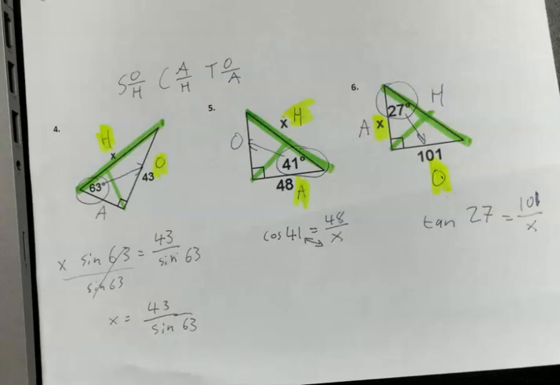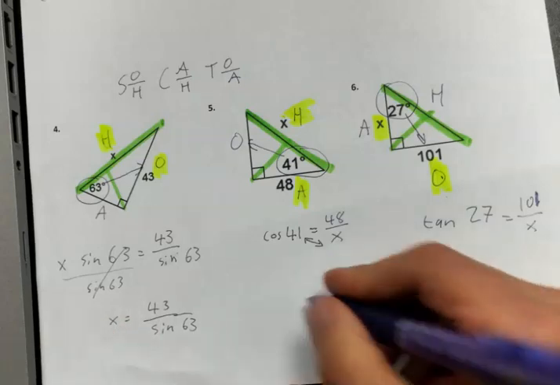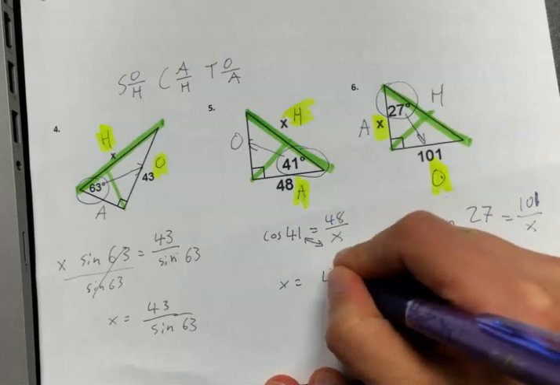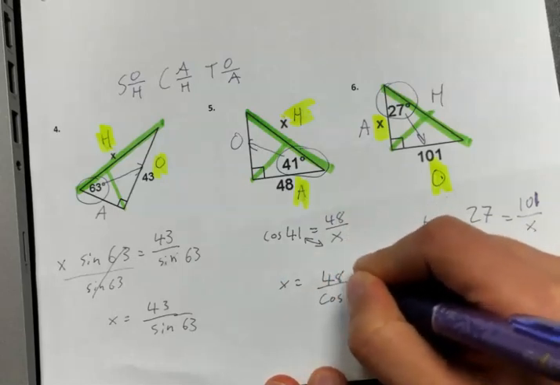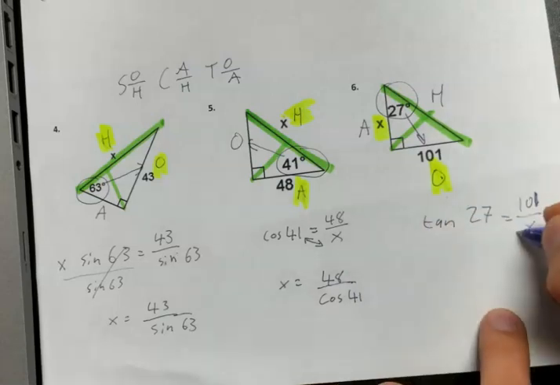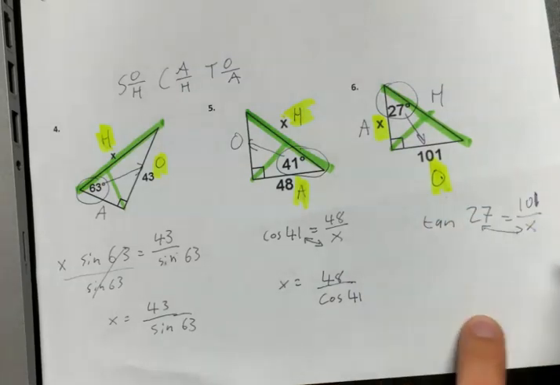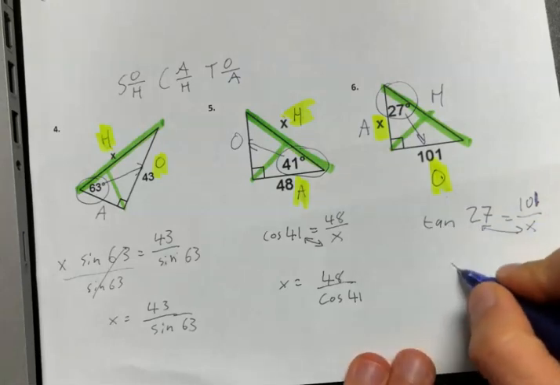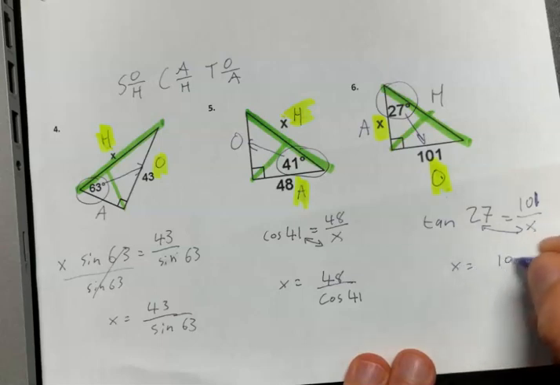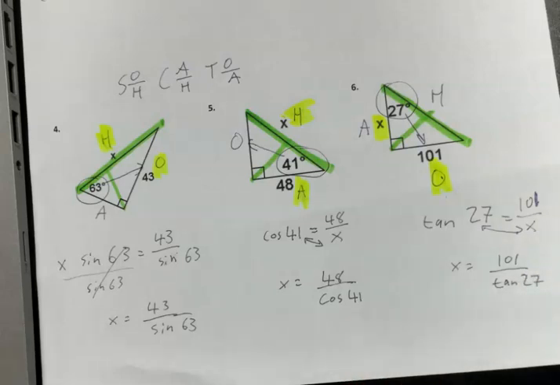We just swapped. So x is equal to 48 divided by cosine of 41. And here, x is on the bottom, so I need to swap. And by swap, I mean don't swap it with the 27. Swap it with the whole thing here. So x is equal to 101 over tangent 27. Okay?